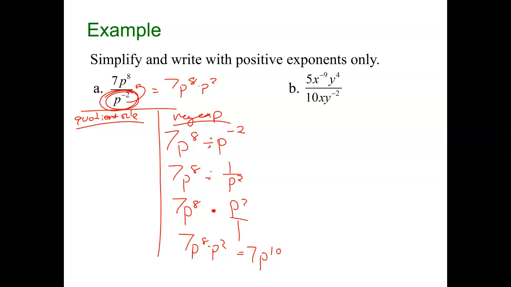And I can do that in 2 steps. Here, and then here. Quotient rule says I do what? Subtract. Quotient rule says I'm going to subtract. So I've got p to the 8th minus negative 2, which equals 7p to the 10th. 2 different processes, same result.